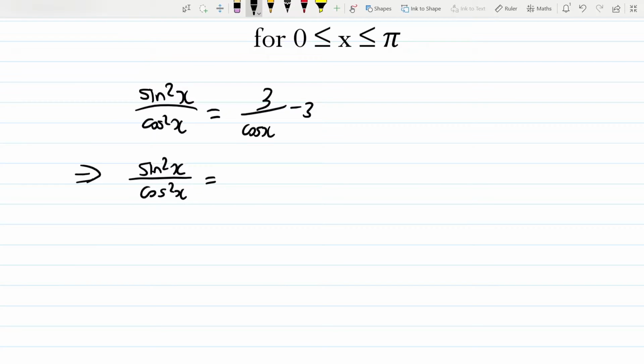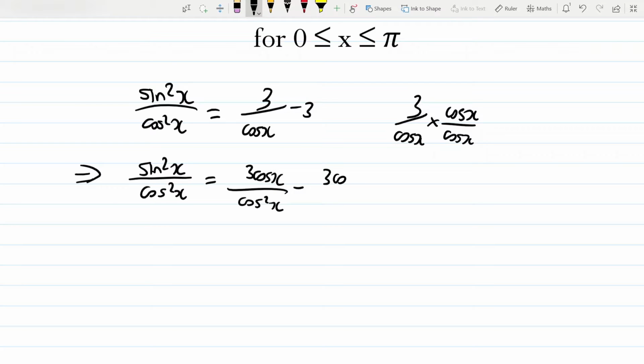This term here, 3 over cos x, if you times that by cos x over cos x, that's equal to 1, so the value doesn't actually change, but the denominator will become cos squared x. So we have 3 cos x over cos squared x. And the same goes here, we can just have 3 cos squared x over cos squared x.